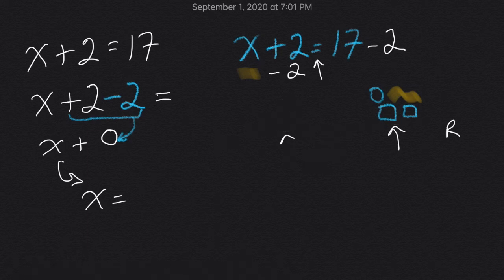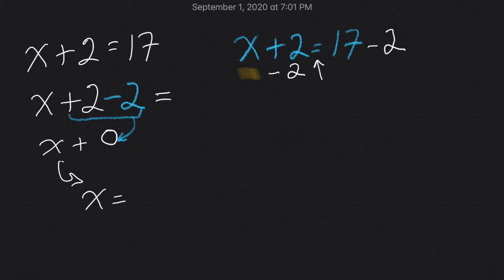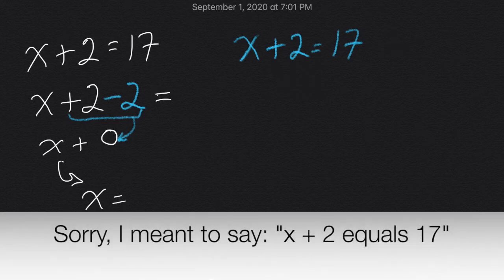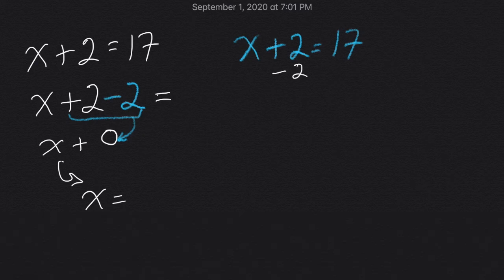Okay, let's go back to our equation. Let's erase our seesaw. Let's review what we did. Our original equation was x plus 2 equals 17. In an attempt to isolate x, we took away 2 from this side.